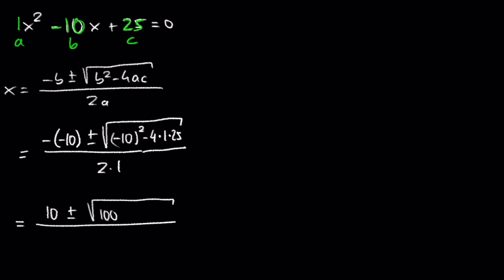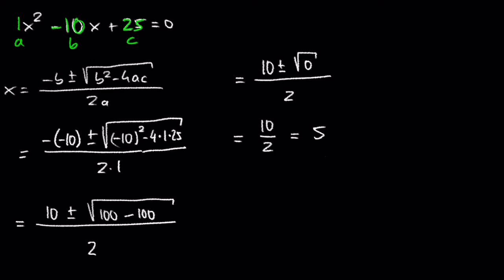Negative 4 times 1 is negative 4, times 25 is negative 100. 2 times 1 is 2. 100 minus 100 is 0, and the square root of 0 is 0. So we get 10 over 2, which is then 5. In this example, we have only one solution.